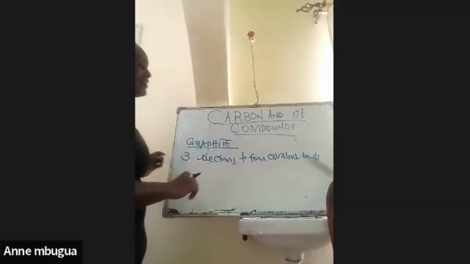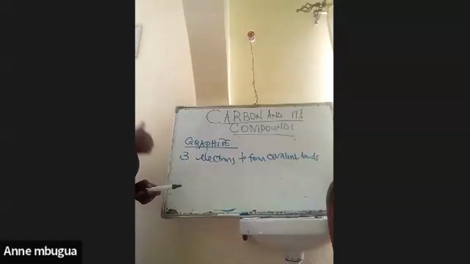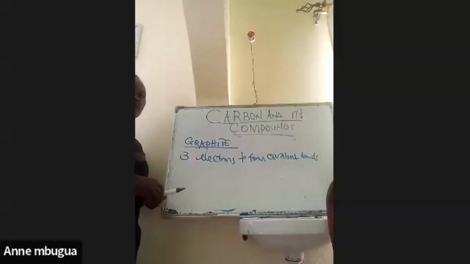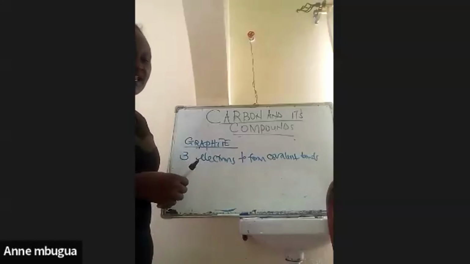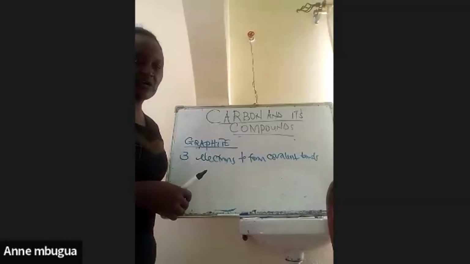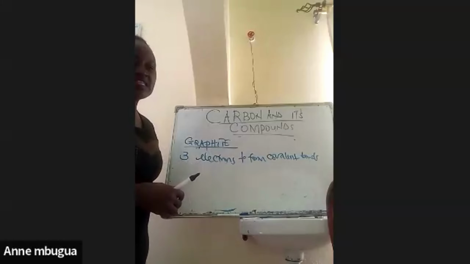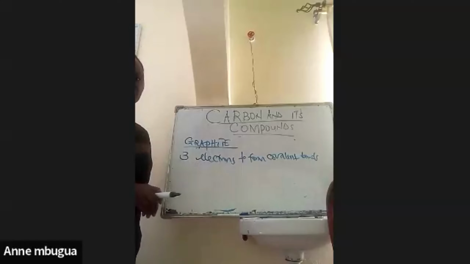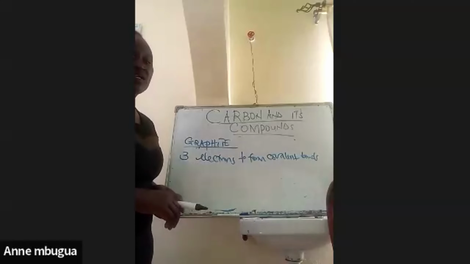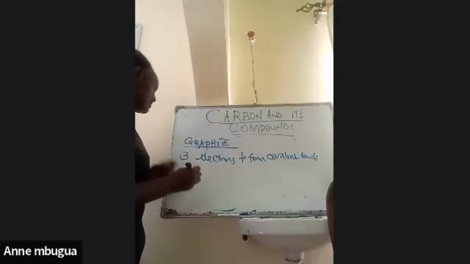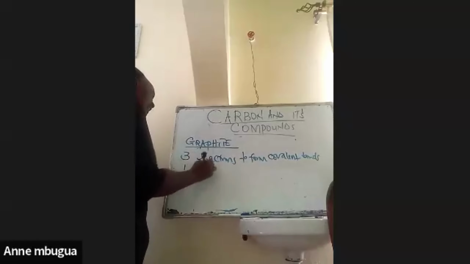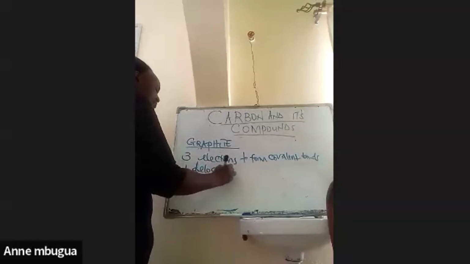And when you're writing the electron configuration, we saw that it has got 4. So out of the 4 valency electrons, only 3 participate in the formation of the covalent bonds. This leaves it with 1 delocalized electron.